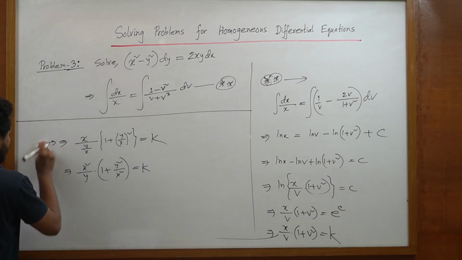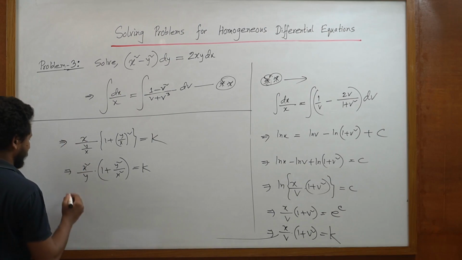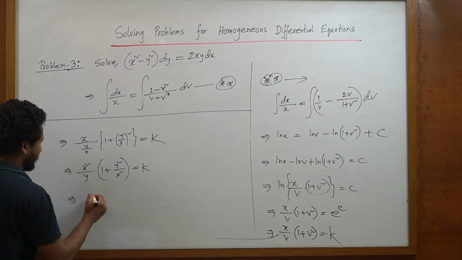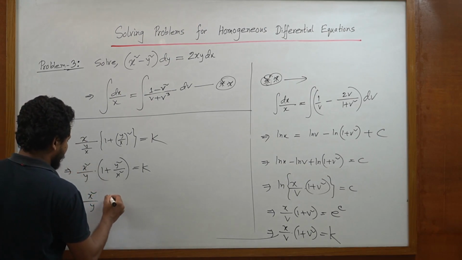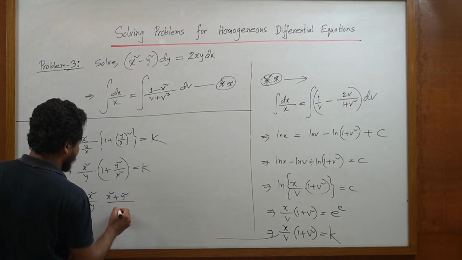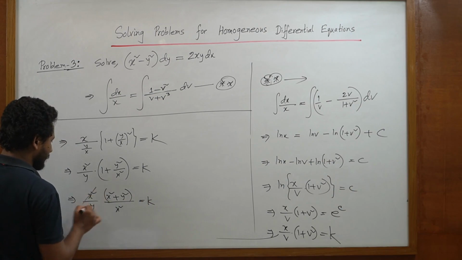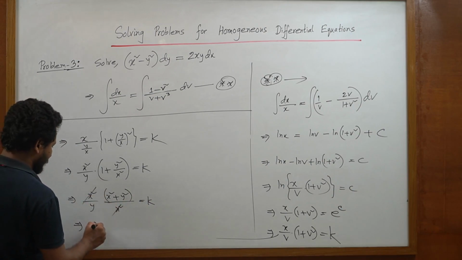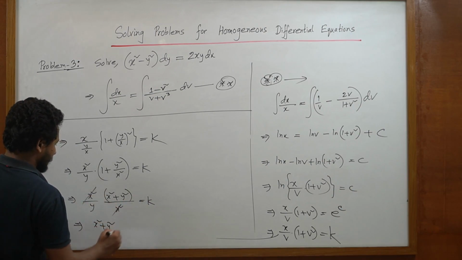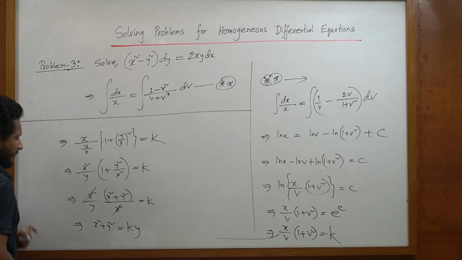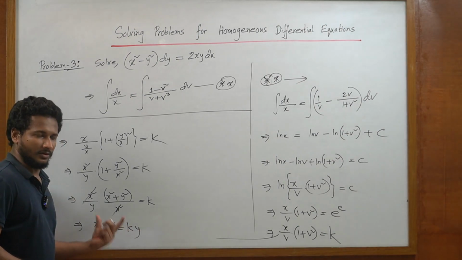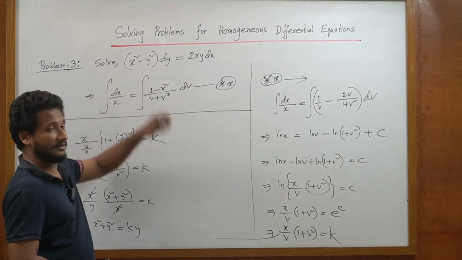So we will get x square by y into (x square plus y square) by x square equals constant. So x square is removed, we get x square plus y square equals ky. So this is the solution of this differential equation.